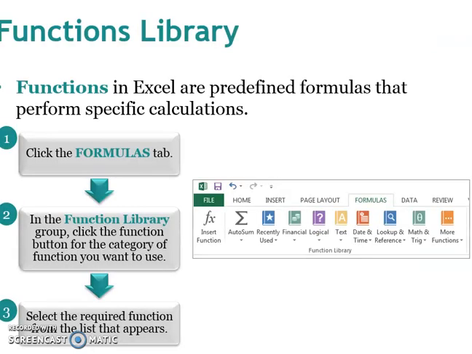If you see, in the formulas there are AutoSum, Recently Used, Financial, Logical, Text, Date and Time, Lookup and Reference, and Math and Trig, Trigonometry, and then More Functions. In More Functions, we can also create some functions by ourselves.